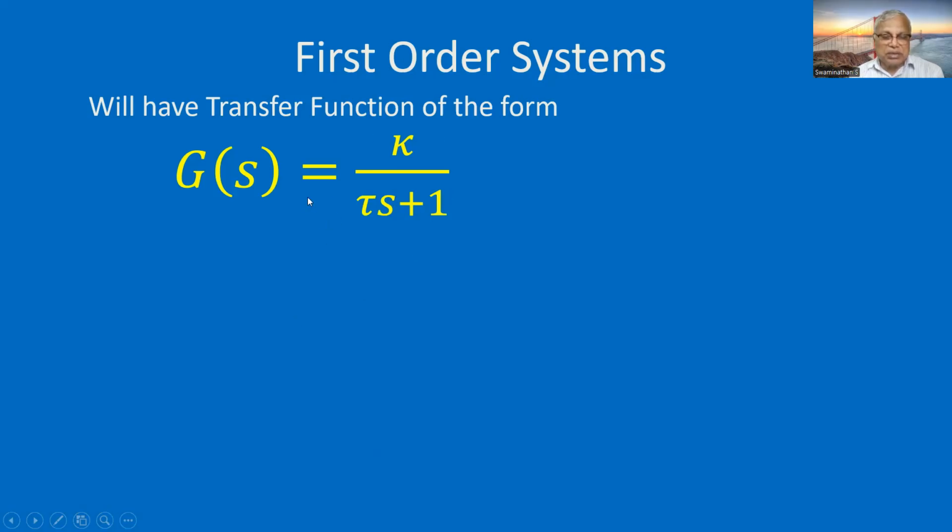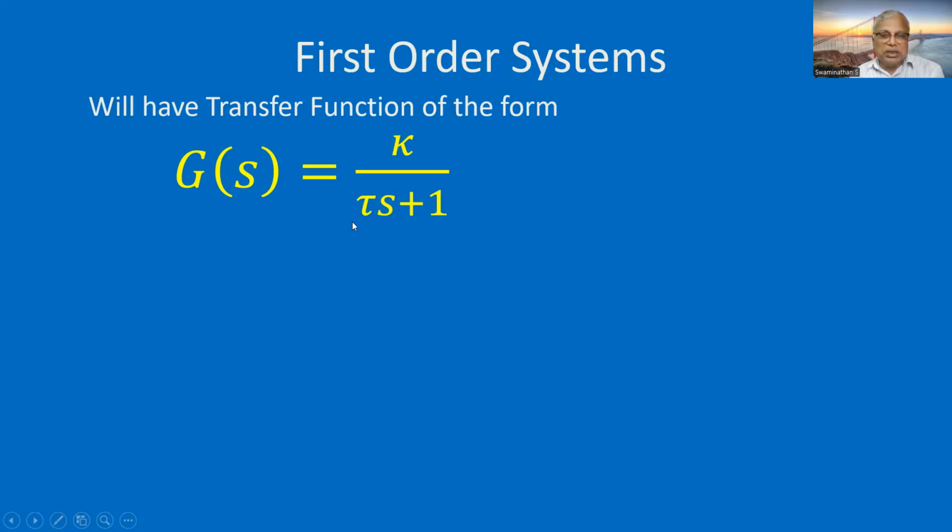So I repeat, a process which can be described by a first order linear ordinary differential equation will have a transfer function K by tau s plus 1, and we group it as a first order system. There are two constants here, K and tau.